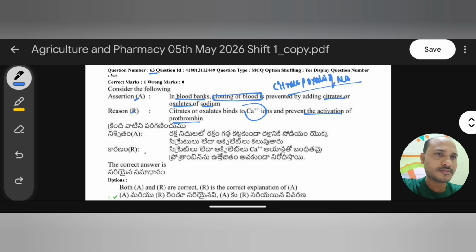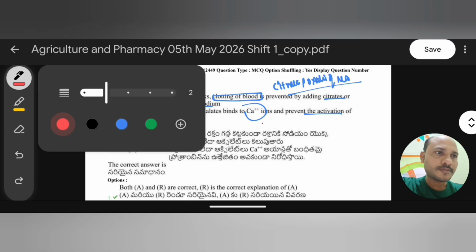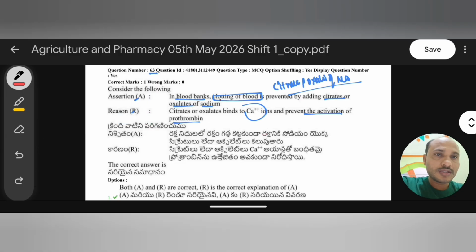So let us analyze this statement. Generally we know that when there is an injury, the blood coagulation or blood clotting process occurs naturally. Here the reason is that calcium ions are needed for the activation of prothrombin.